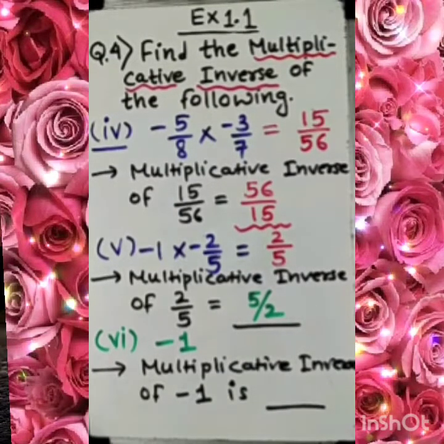Why? Because minus 1 by 1 is the original number, and the reciprocal must have a negative sign. If I flip it, it becomes 1 by minus 1, which again gives minus 1. So simply we can say it is minus 1. Clear to you? Please remember this.